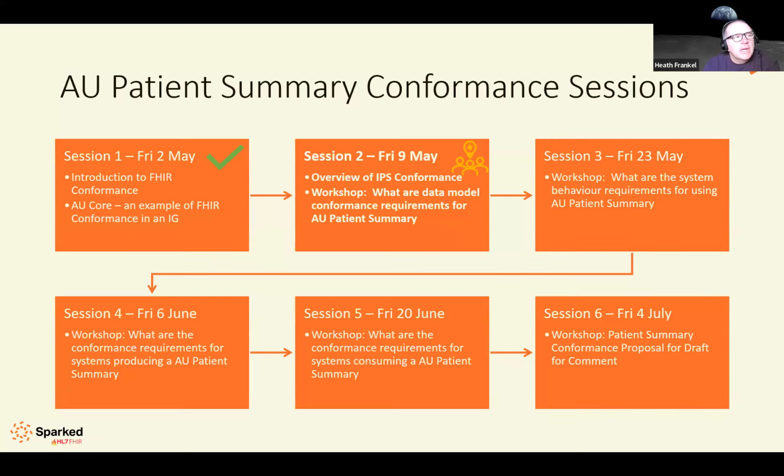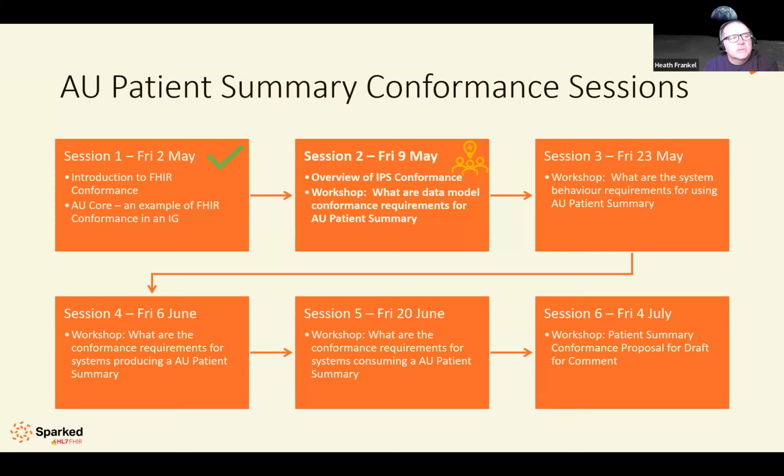So we have a number of sessions scheduled. This may not be limited to 6, but it's certainly the 6 that I have planned to hold over the next few weeks, up until the 4th of July. Last week, we did an intro.